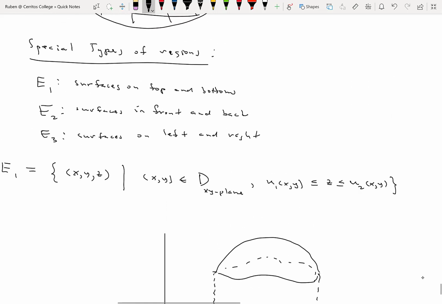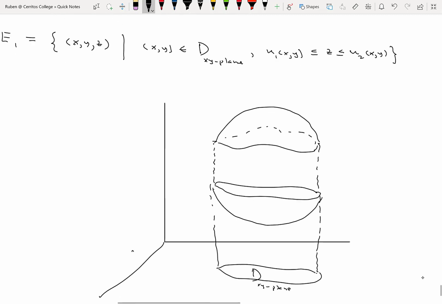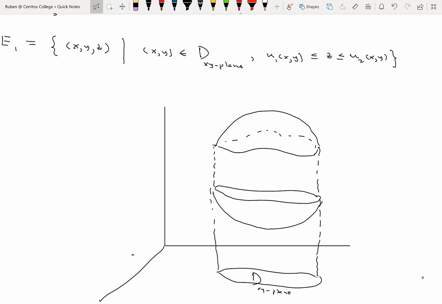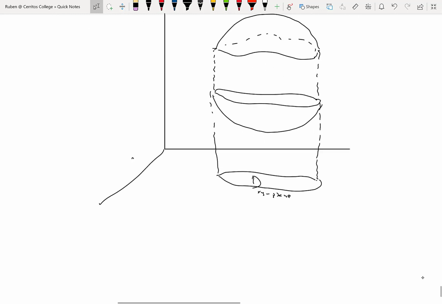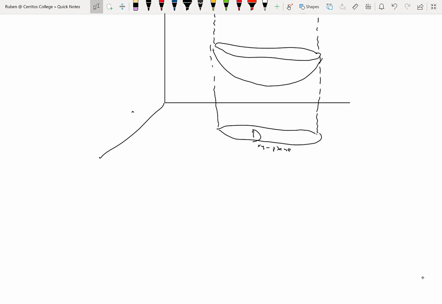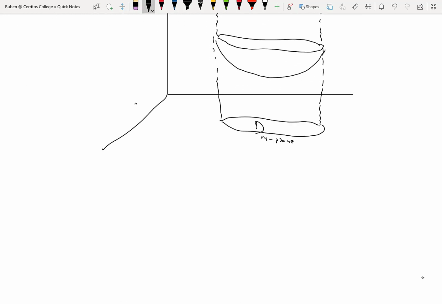You have part of an eggshell on top, part of an eggshell on the bottom, and the volume between these two pieces of eggshell. The result that we get in terms of how we evaluate triple integrals over this E1 region is kind of amazing.